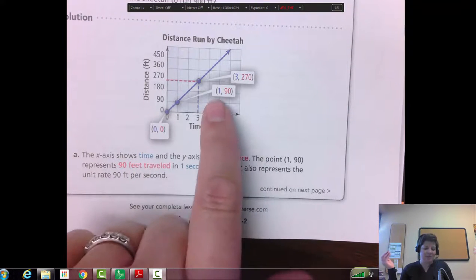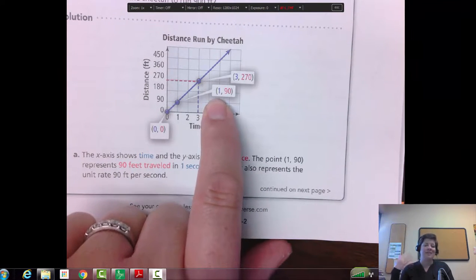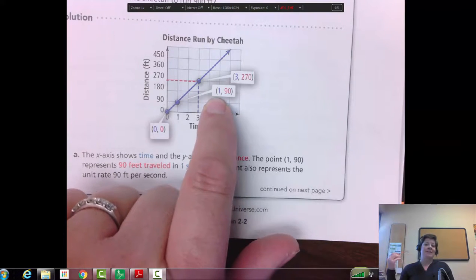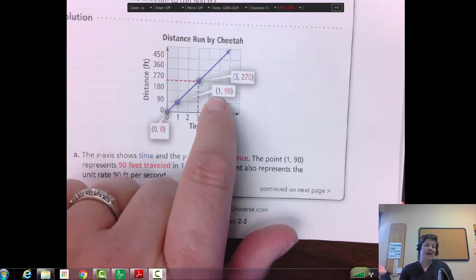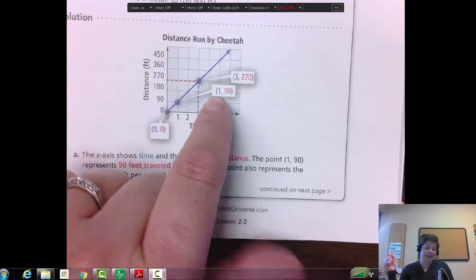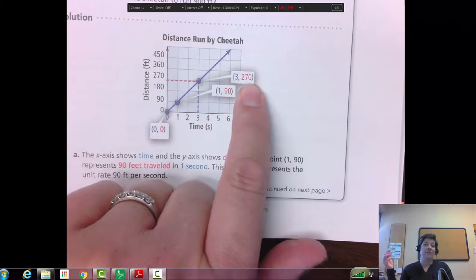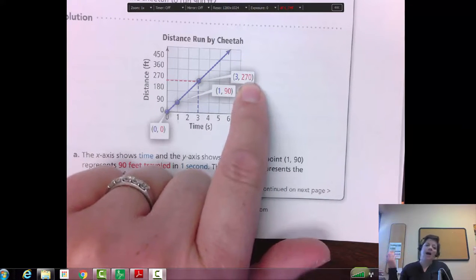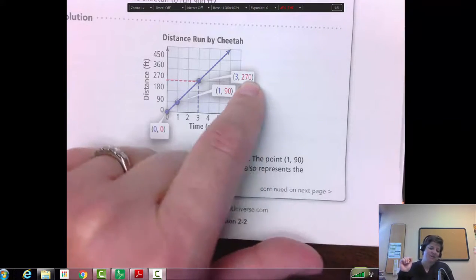So 90 divided by 1 is that relationship, 90 to 1. So that means every 1 second I have gone 90 feet, right? And that kind of follows the pattern of if I've gone 3 seconds, I've gone 270 feet and so forth.